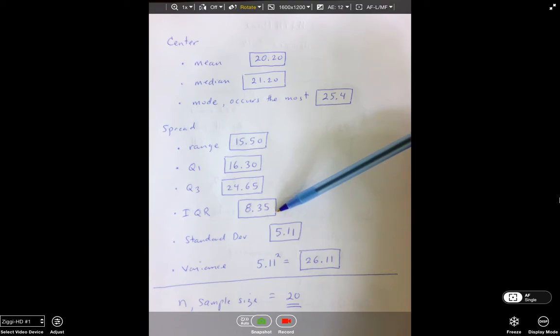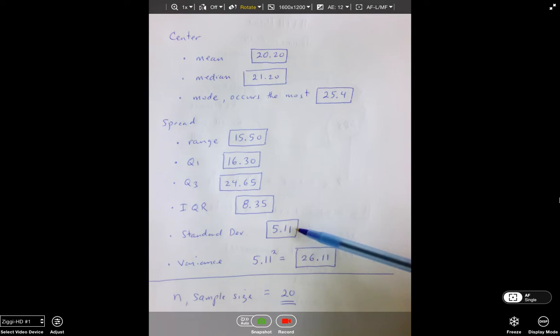IQR is 8.35. This tells you that the range of the middle 50% of our body fat scores is 8.35. Standard deviation, what I want you to know here, is a measure of spread centered around the mean.